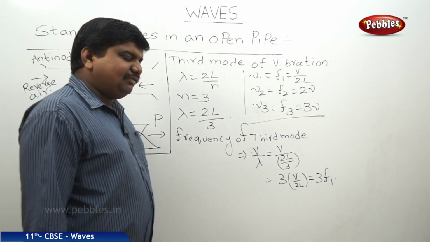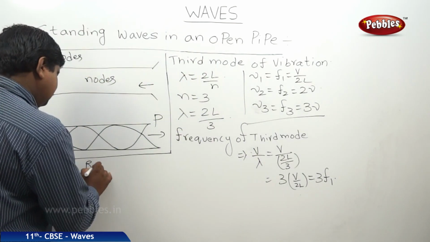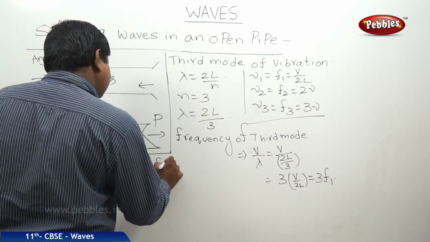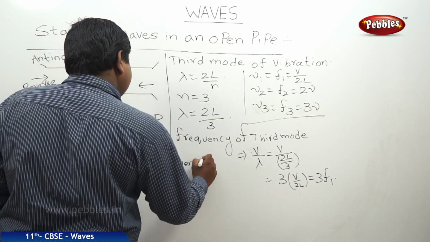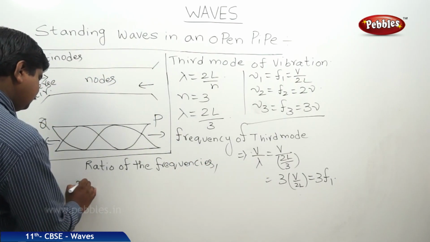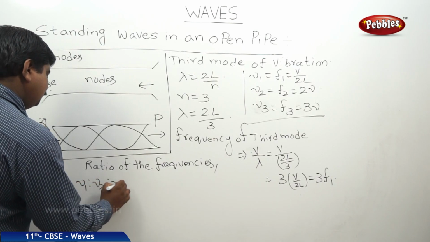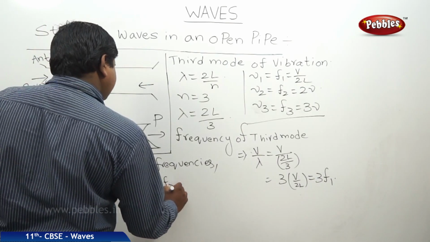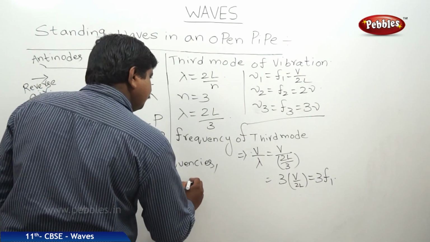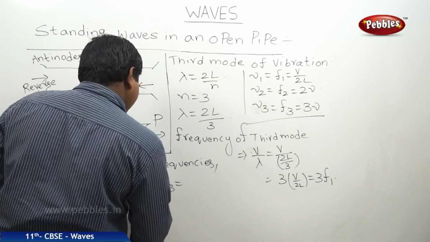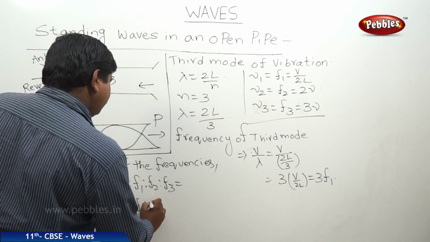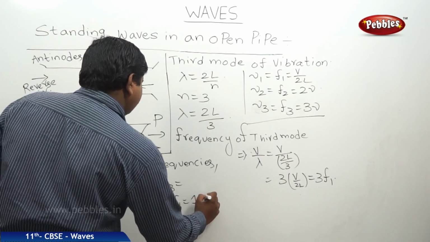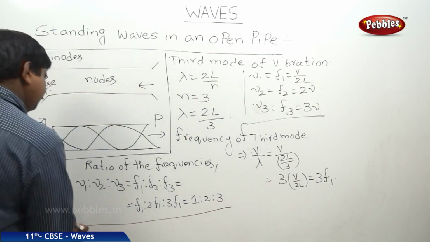So the ratio of the frequencies nu1 is to nu2 is to nu3, or F1 is to F2 is to F3, is F1 is to 2F1 is to 3F1, that is equal to 1 is to 2 is to 3.